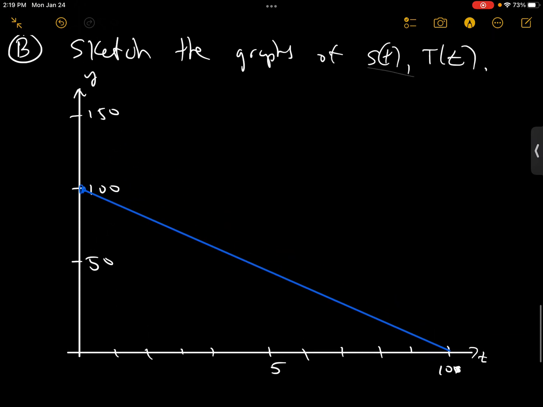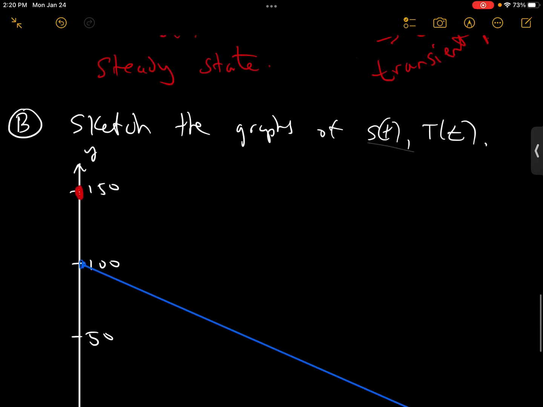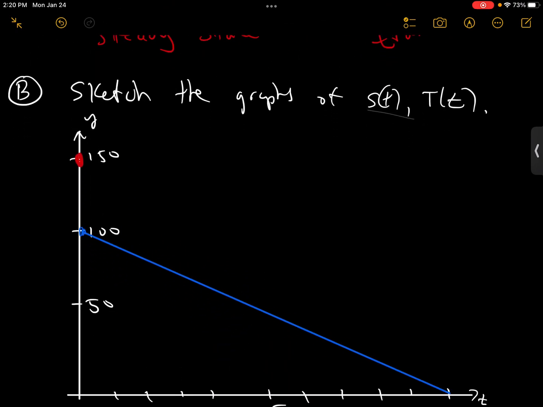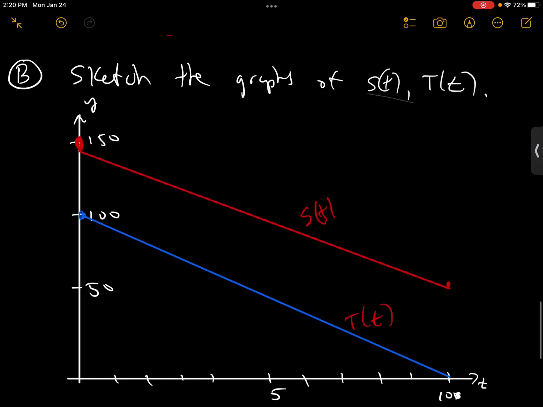It started at 150, and after 10 minutes, it went to 50. Okay, so this is S of t, and this is cap T of t. S of t is part of the internal temperature. And they both have the same slope, right? So m is -10, m is -10, so they're parallel.